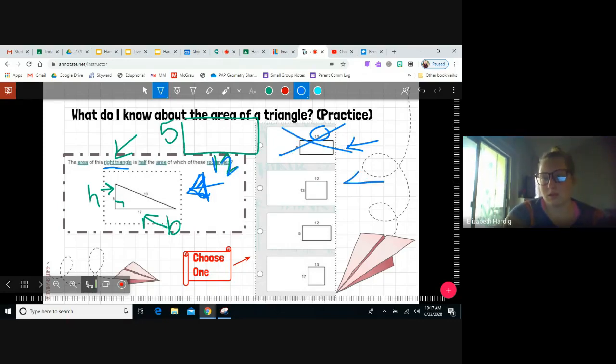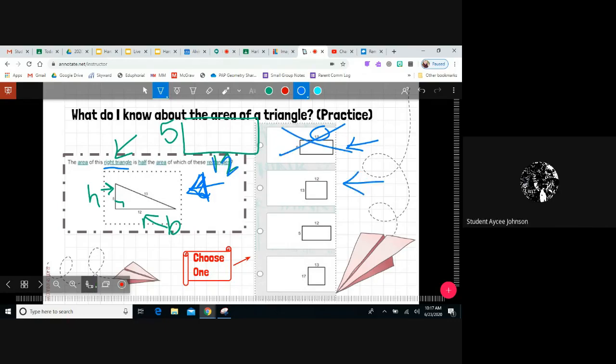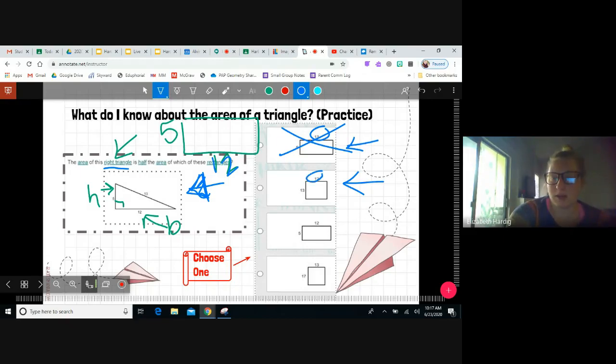What about this rectangle? I see we have a 12, so that's good, but does the 13 match the 5 we need? No, it doesn't.